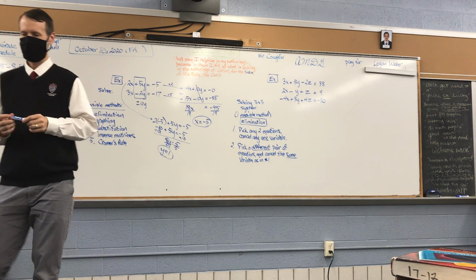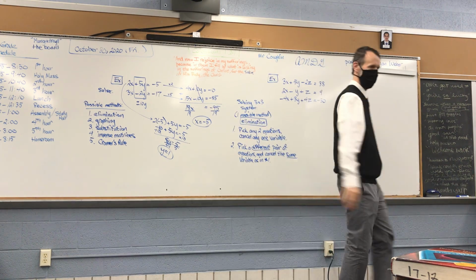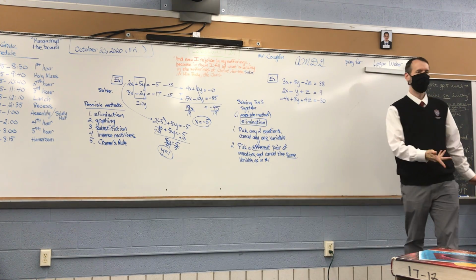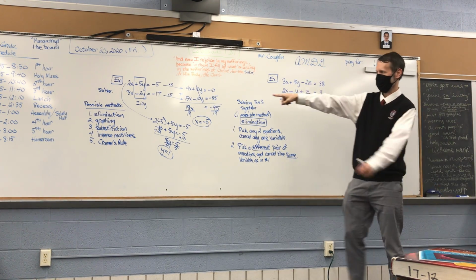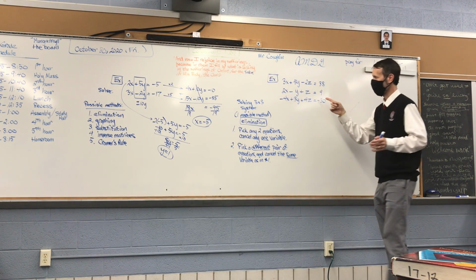That's important. So basically, you're going to take any 2 rows, cancel 1 of the variables. You might have to magnify it, kind of like what we did here, times 2 times 5. You might have to magnify some of the rows to get it to work.